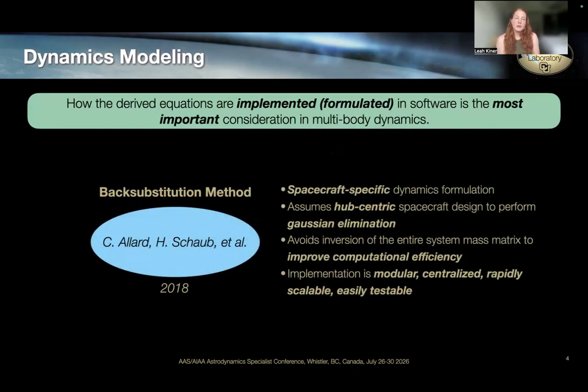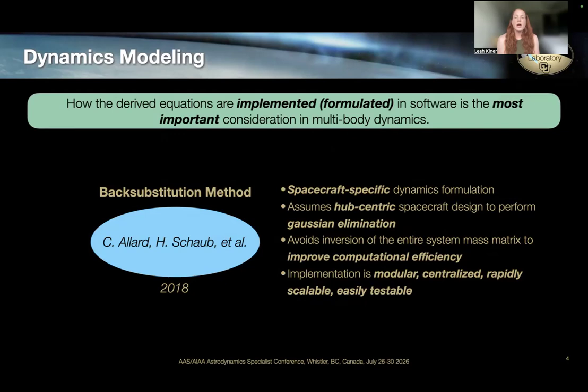So this paper focuses on the back substitution method, which was introduced in 2018. There are many different formulations out there to simulate multi-body rigid systems. This method is the most spacecraft-specific dynamics formulation.